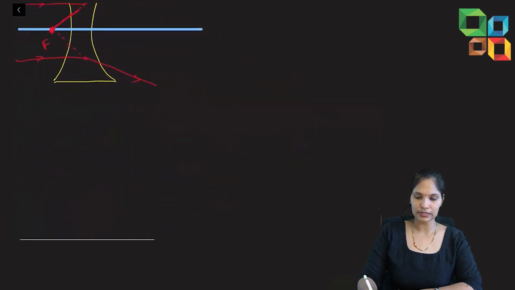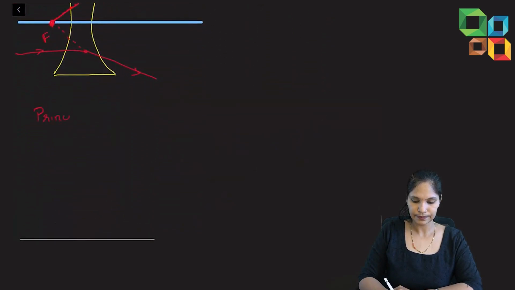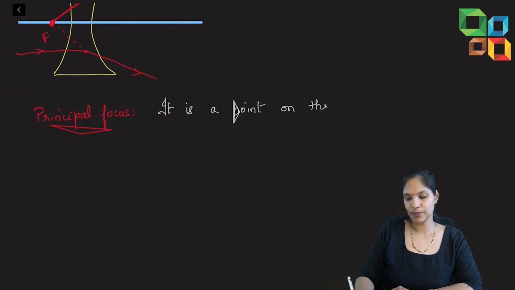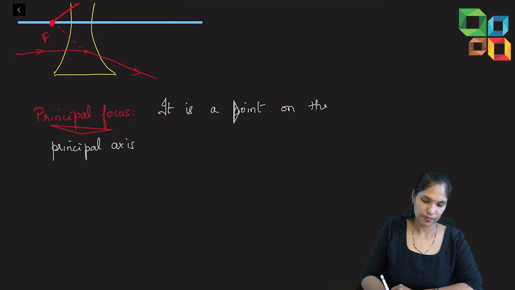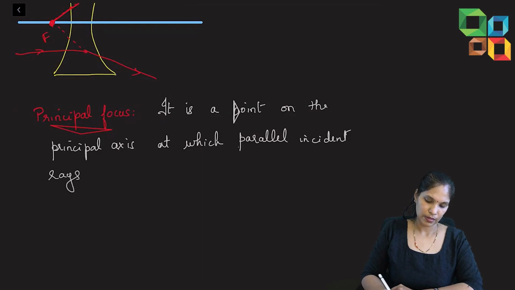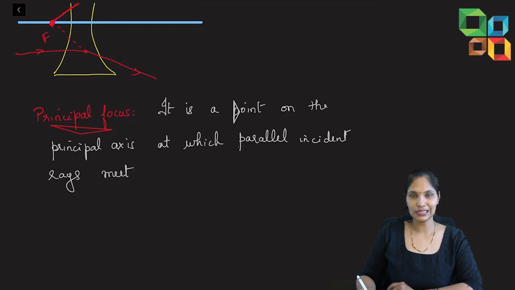So what is principal focus? Let's write down. Principal focus, it is a point on the principal axis at which parallel incident rays meet.